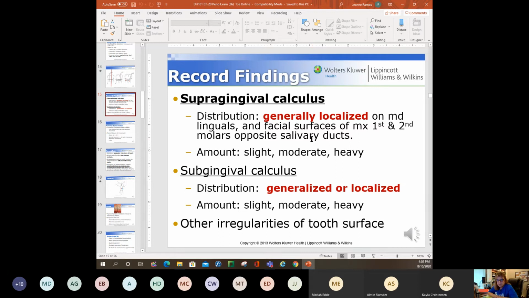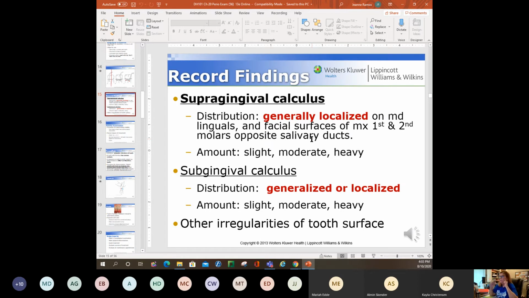The next worst place where you're likely to have the most calculus would be on the facial side of your second molar, on the distals. The distal buccal side of the second molar is usually the worst. The first molar is usually the second worst, and a lot of times it will be from the mid of the molar on into the distal area.